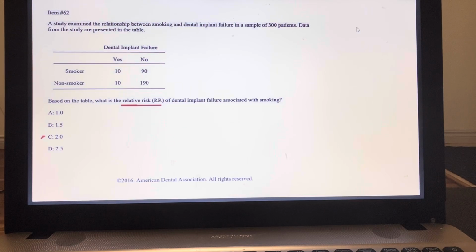The question is given to calculate the relative risk. So just draw the table, A by A plus B, C by C plus D.